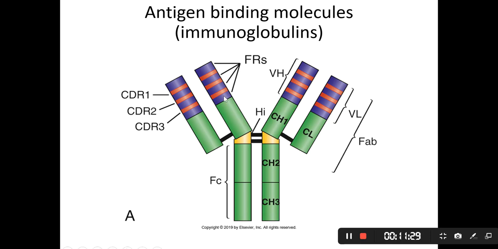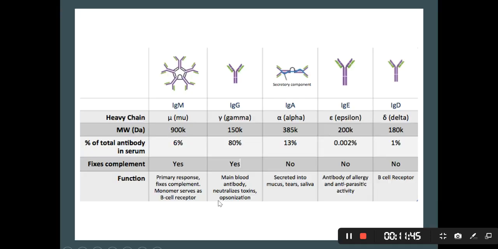Now this is a classic diagram of an immunoglobulin. Here you can see the two light chains, which are also called Fab, and this is the heavy chain, also called Fc. Fc stands for the constant portion of the immunoglobulin. Here you can see how they become different.